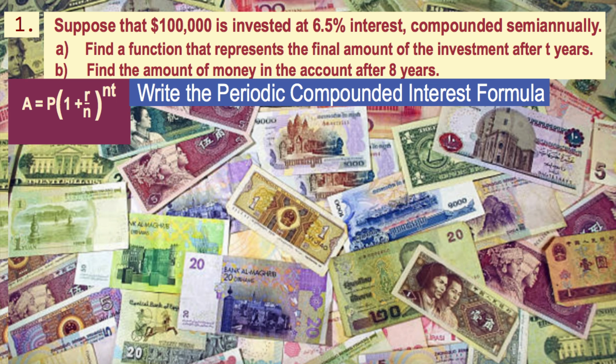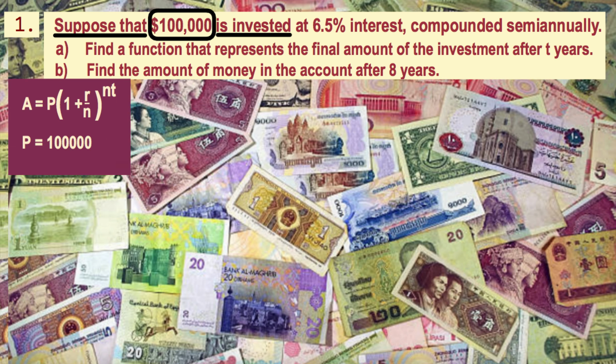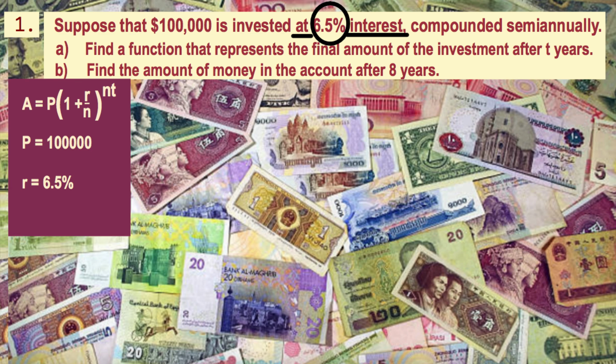Let's write out the periodic compounded interest formula from the previous slide. In our question, P, or the principal, is $100,000 because it is our initial amount that is invested. R is equal to 6.5%. The question says at 6.5% interest.